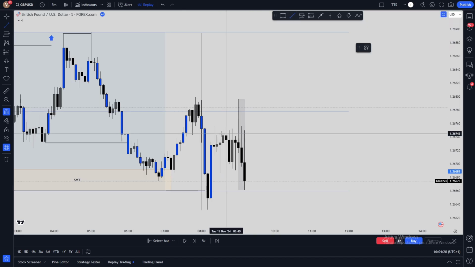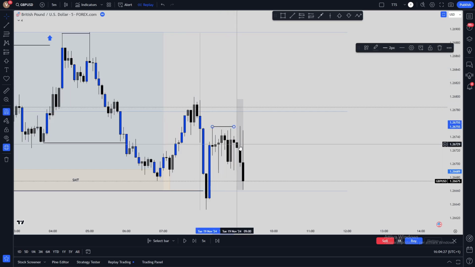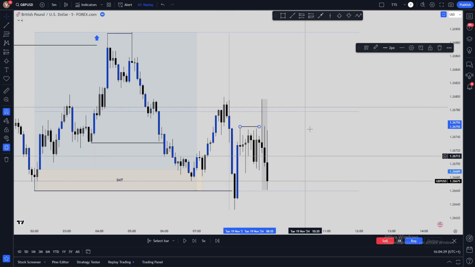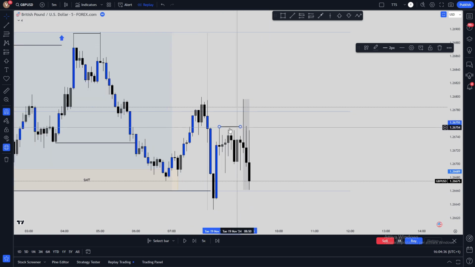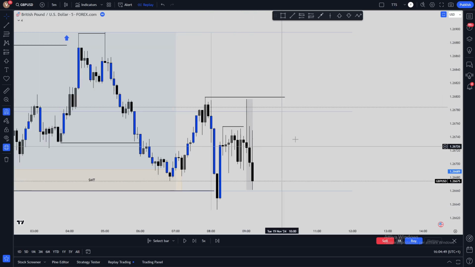So you can probably have this type of fractal inducement here in London Open, but to be honest, this morning I didn't have anything really clear, so I just wait, because what I really want to see was this inducement here, this structural inducement, to then take a potential short.